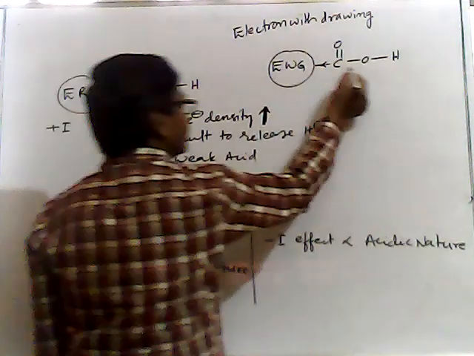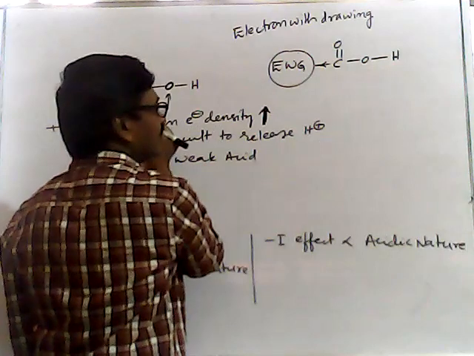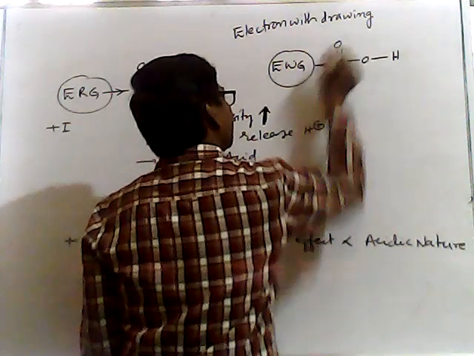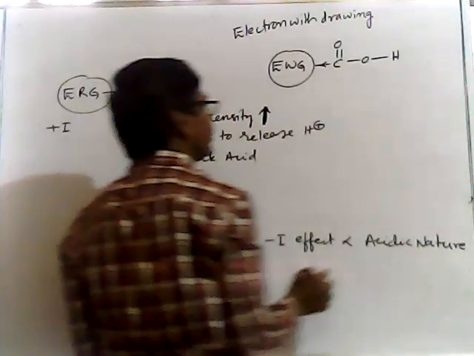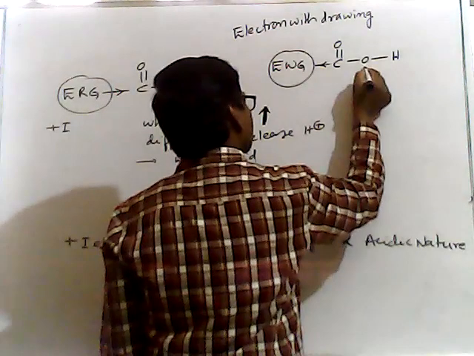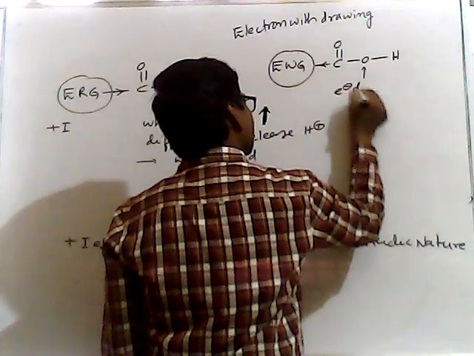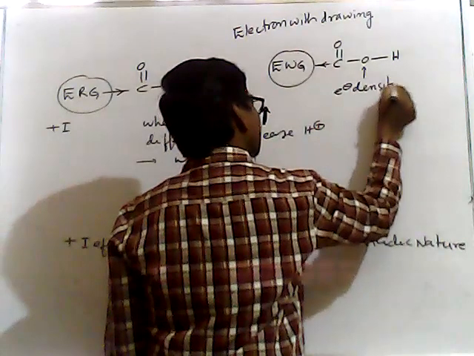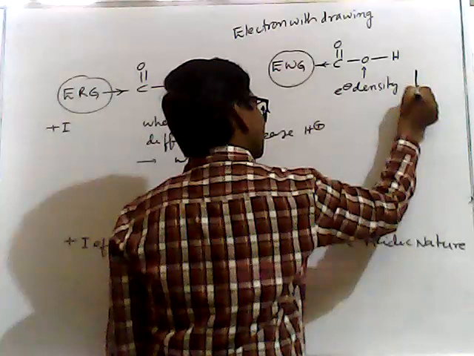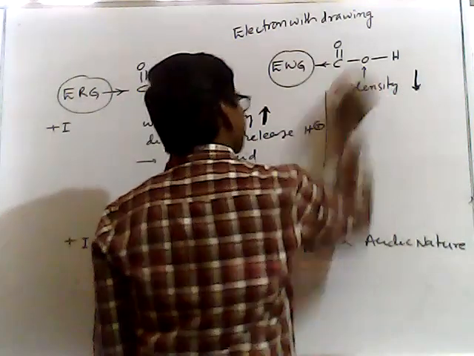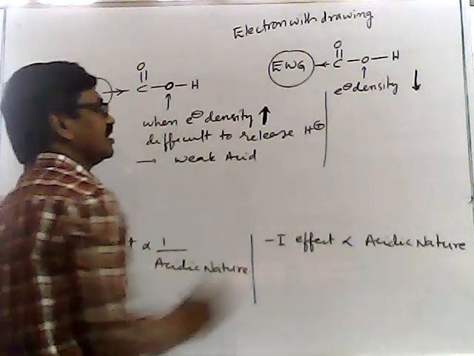Whenever the electron density is shifted towards the electron withdrawing group, then electron density decreases on the carboxylic acid framework and the oxygen also. So here on this oxygen, electron density decreases. When electron density decreases, this oxygen cannot hold hydrogen tightly.